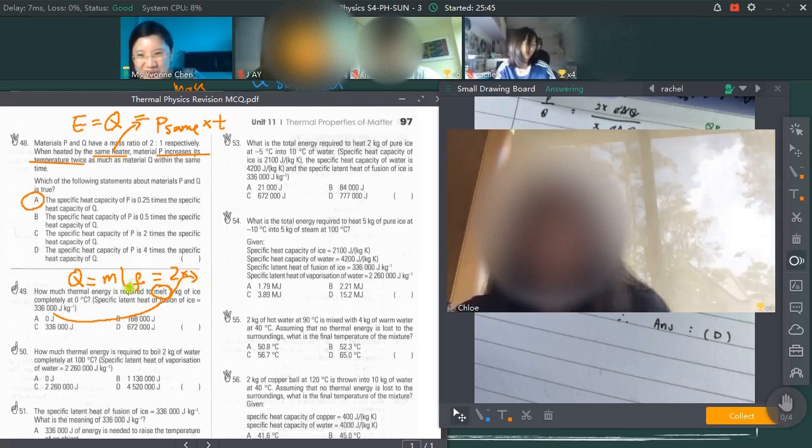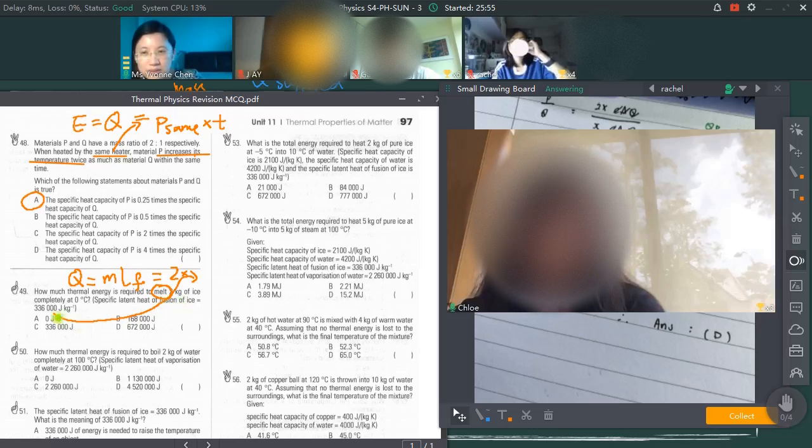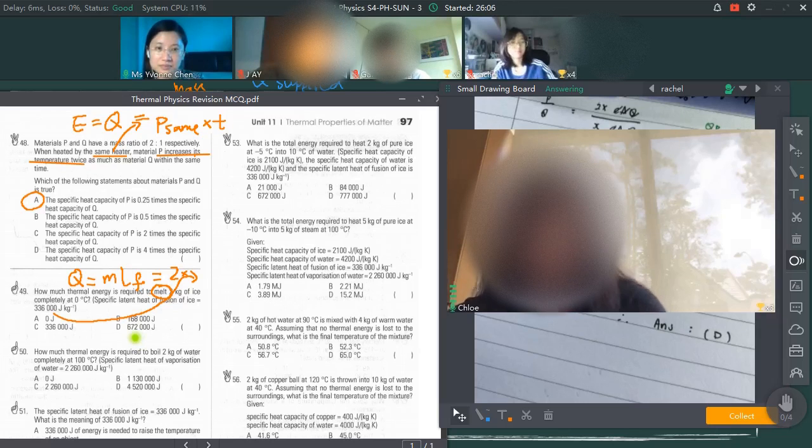So what is Q? Q equals M times L. So you do the multiplication, right? It's basically 2 multiplied by this value to find the heat needed. Heat is thermal energy. Then does melting and boiling make a difference?